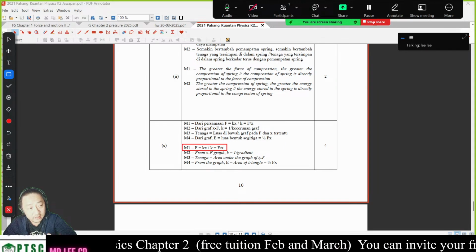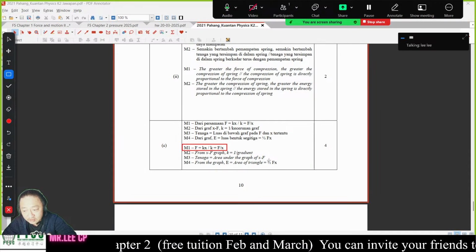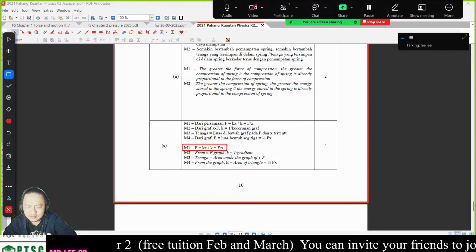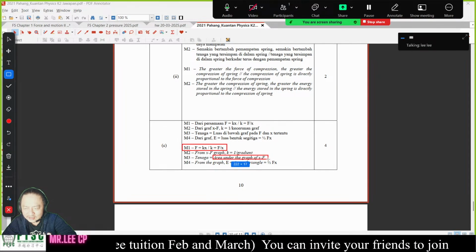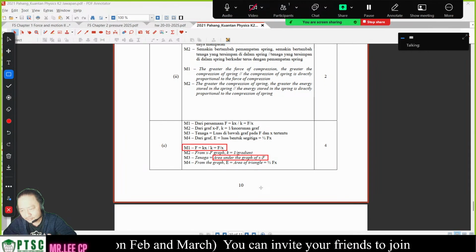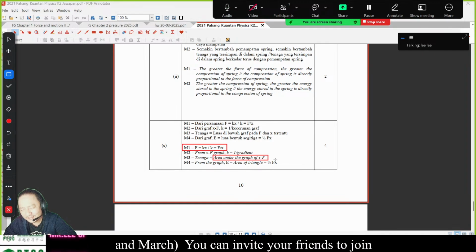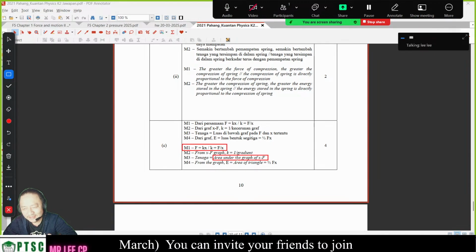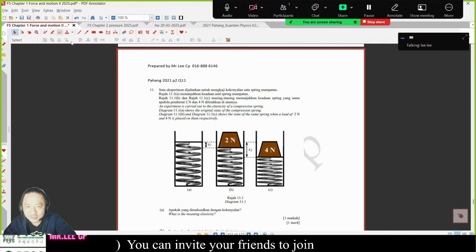1 over gradient. So you got another mark. Area under the graph of x against f. Now this one I don't think the answer is right. Which area? Area where? Normally we say the area under the graph is here.